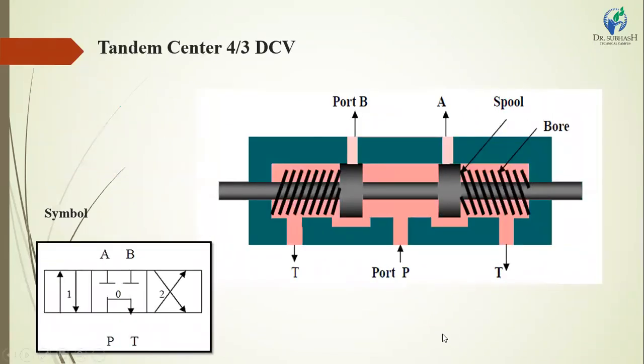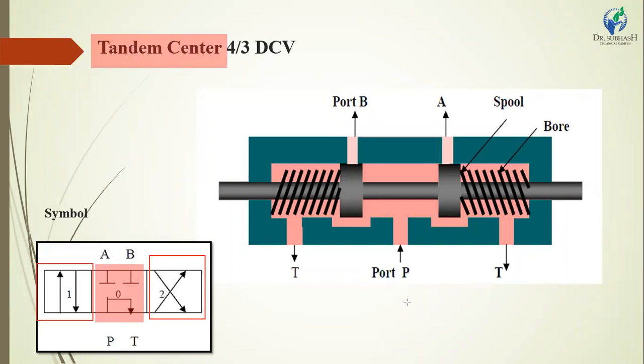The next is the Tandem Center 4x3 DCV. This is the drawing of the Tandem Center: port P, tank T, port A, port B, spool and bore of the direction control valve. The first two positions, position 1 and position 2, we have already covered. We have to study the center position of the direction control valve, which is also called the tandem center.